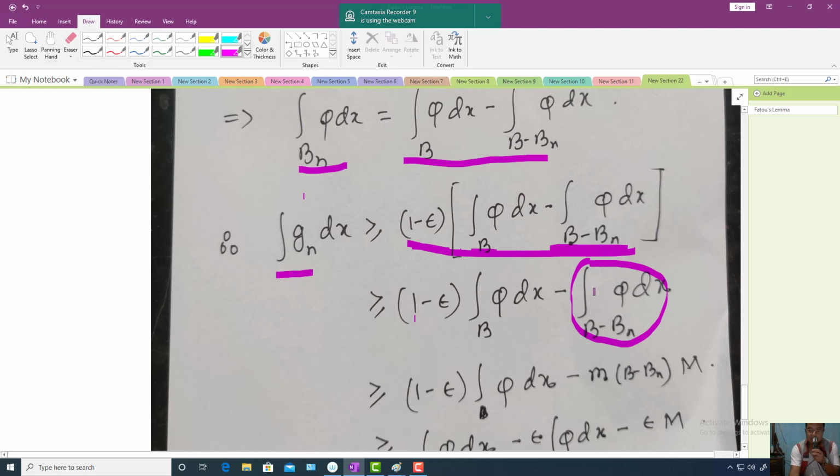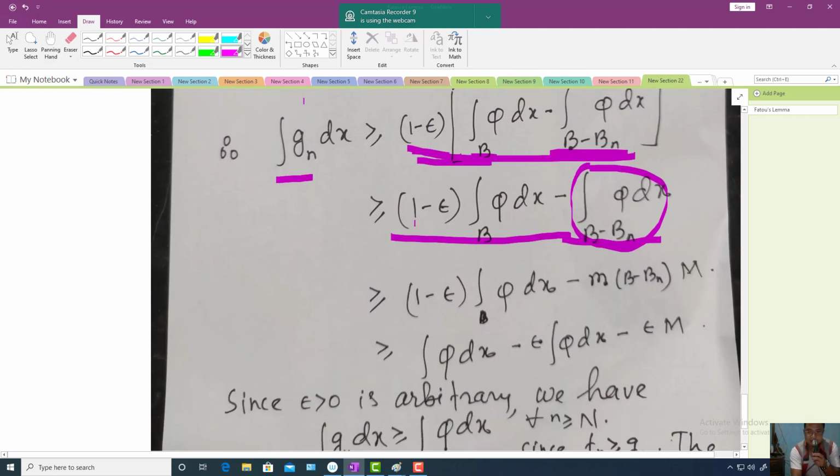This quantity is going to be bigger if you take out 1 minus epsilon. So you have taken out a bigger quantity. That means this whole quantity is going to be less than this one. This is quite obvious.